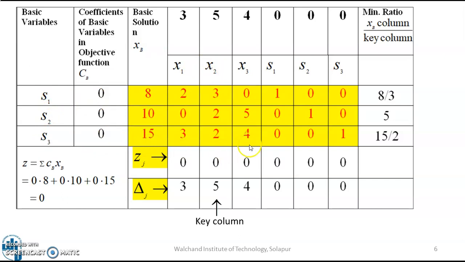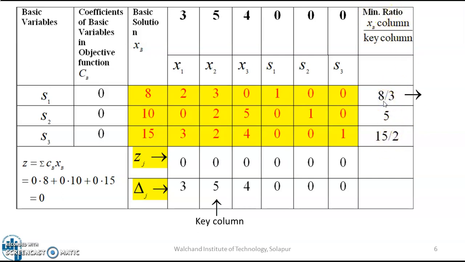To decide this, we have to move to point number 2, that is, to check the outgoing variable. To check the outgoing variable, we have to calculate one ratio. That ratio is called the minimum ratio: the xb column divided by the key column. This is the key column and this is the xb column. Now taking the division of these two columns, we get the entries 8 by 3, 5, 15 by 2. The name is itself minimum ratio, so we want the minimum quantity from this.